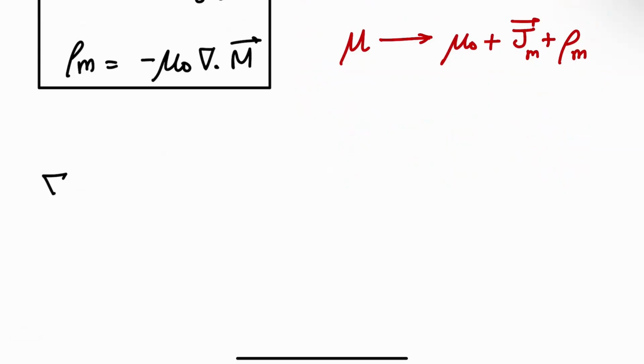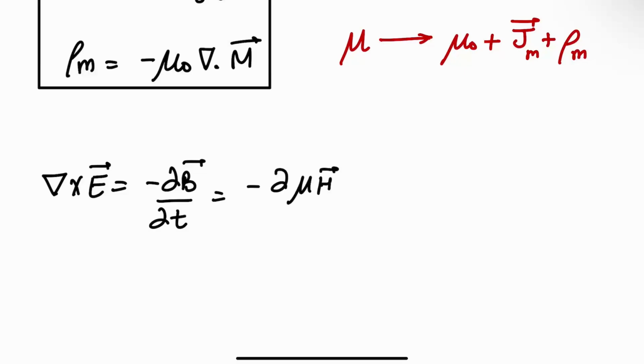We start with curl of E is minus dB over dt, which is nothing but minus d mu H over dt.